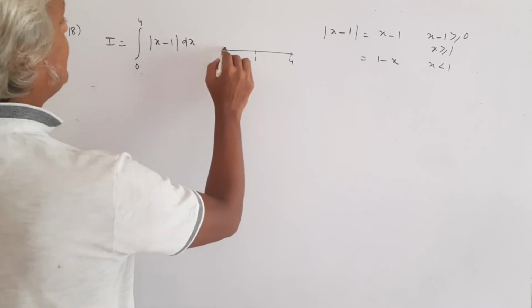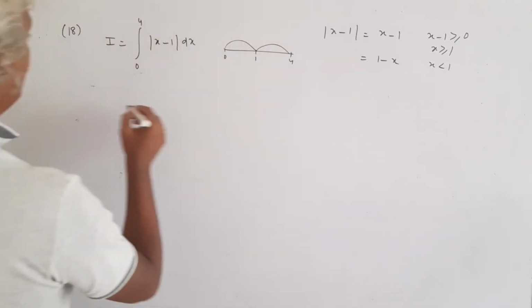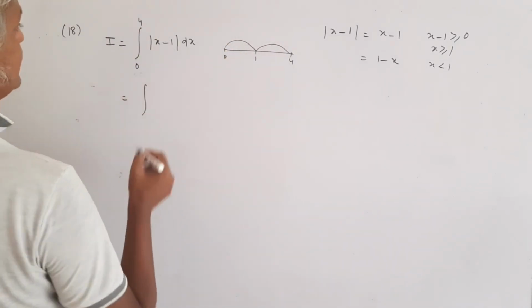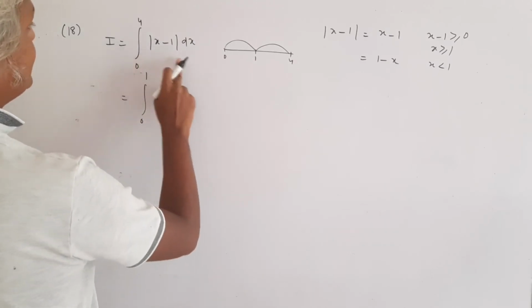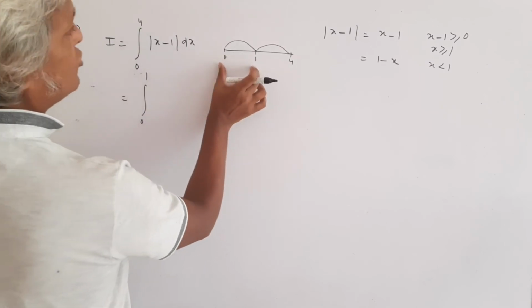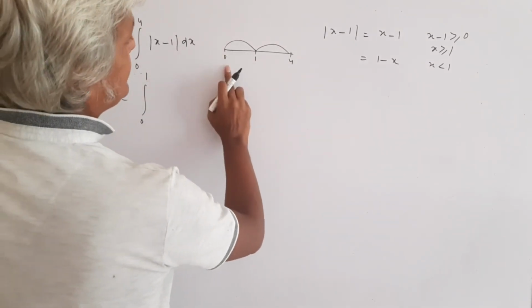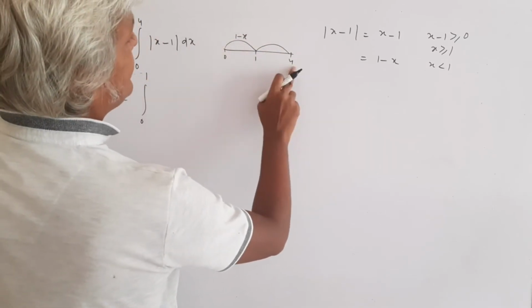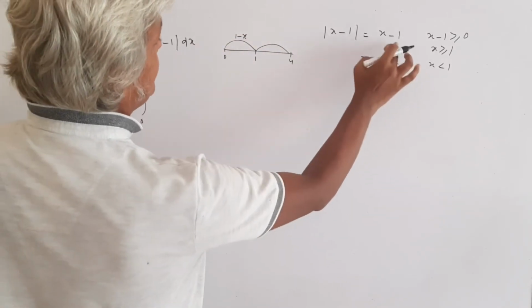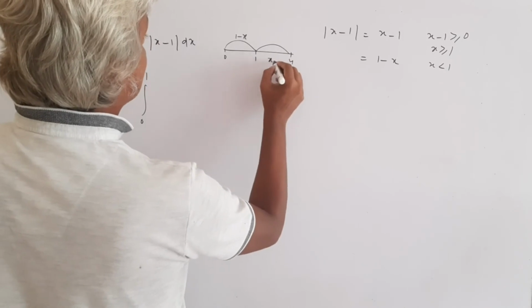This is 0, this is 4, and the 1 is in between. So I'll change my limit from 0 to 1 and 1 to 4 using property 3 or 4, I think. When you are in the range of 0 to 1, means less than 1, your function will be 1 minus x, and when you are more than 1 but less than 4, your function will be x minus 1.